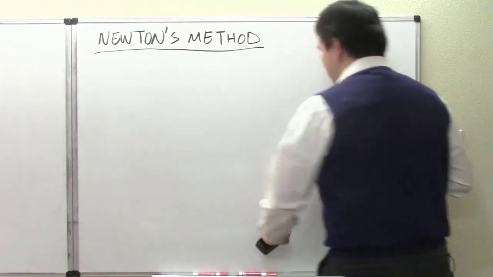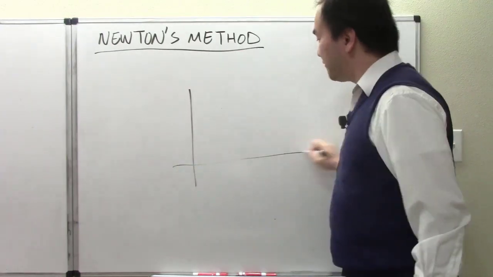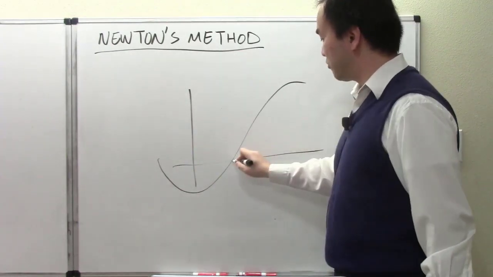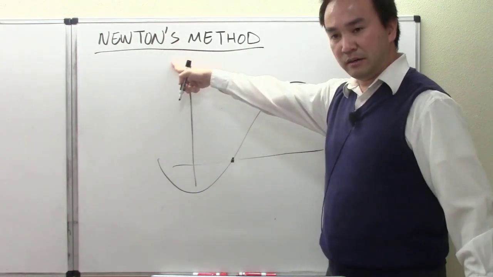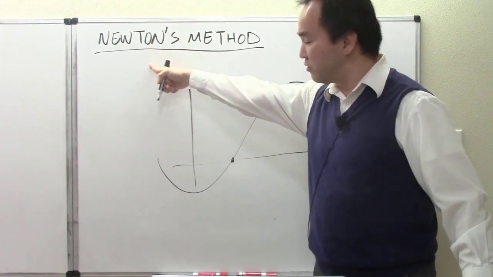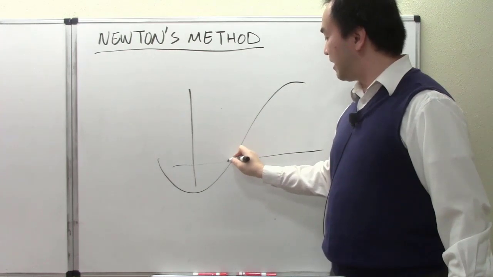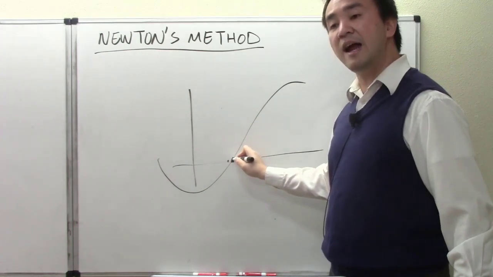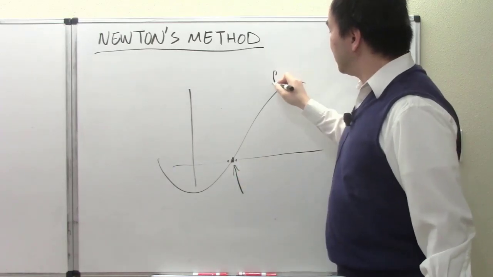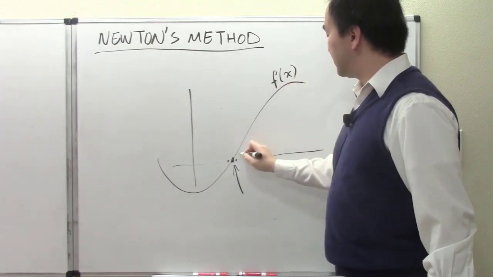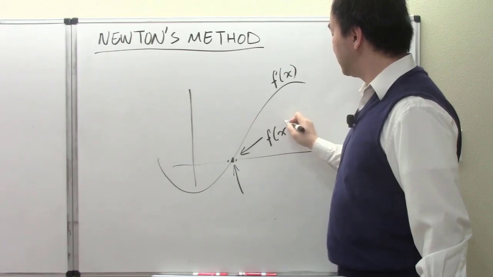Just keep in mind, our goal now is that there's a function, and the function will cross the x-axis at some point, and we are going to learn about this method, the so-called Newton's method, to come up with a value close enough to the actual solution. So this is f of x, and this point means f of x equals 0.